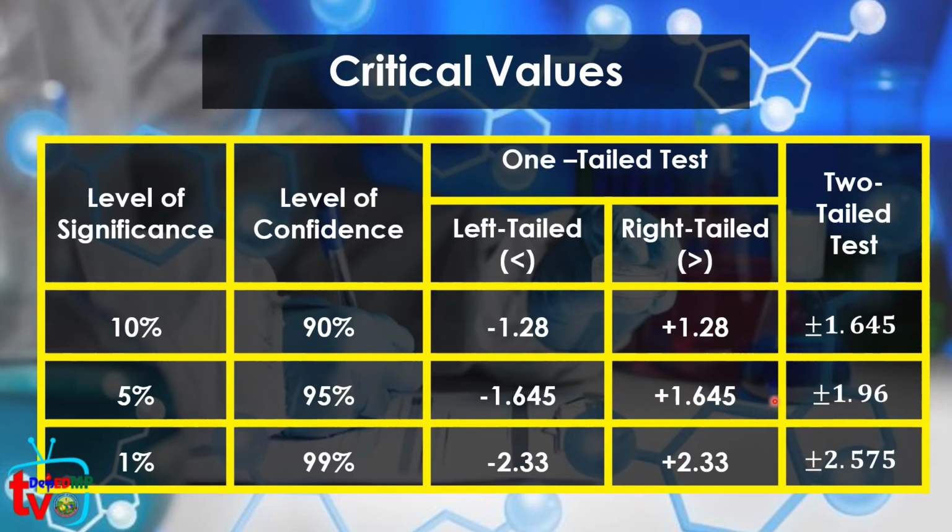And for two-tailed tests, it is positive and negative 1.96. If the level of significance is 1% and the level of confidence is 99%, therefore, the critical value of a left-tailed test is negative 2.33, for right-tailed test positive 2.33, and for two-tailed test it is positive and negative 2.575.